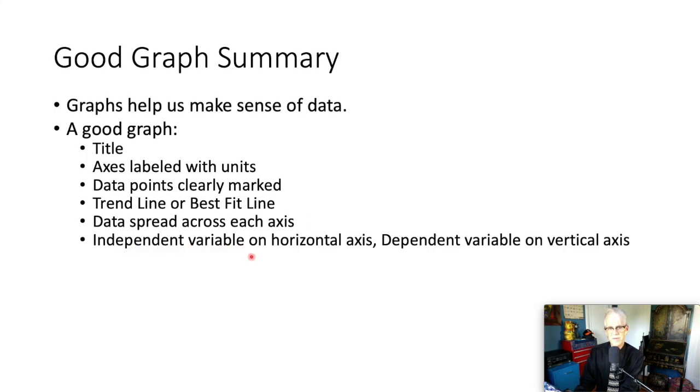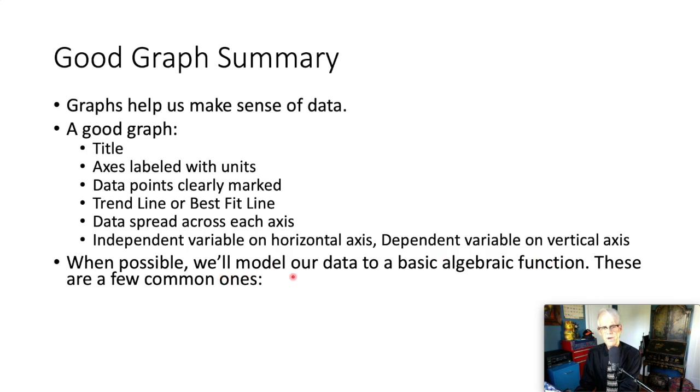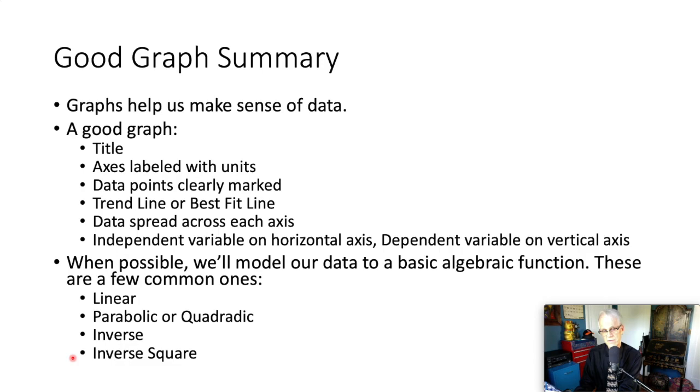The independent variable should be on the horizontal axis and the dependent variable on the vertical axis. When possible, we'll model our data to basic algebraic functions. These are a few of the common ones: a linear function, a parabolic or quadratic, inverse function, or an inverse square.